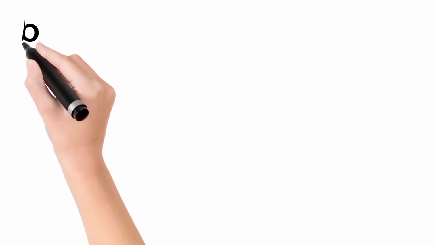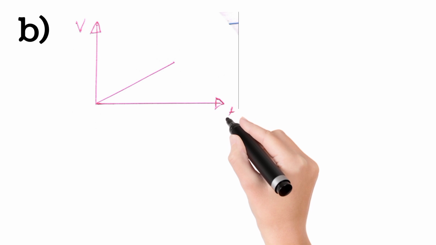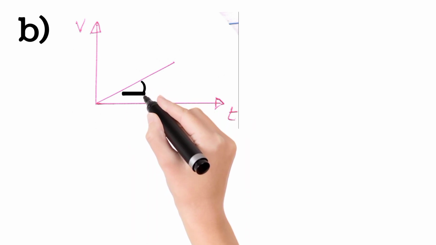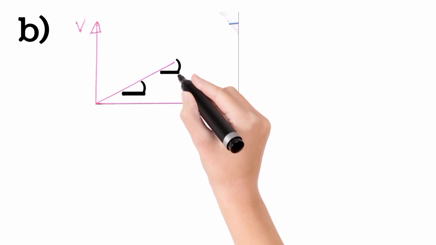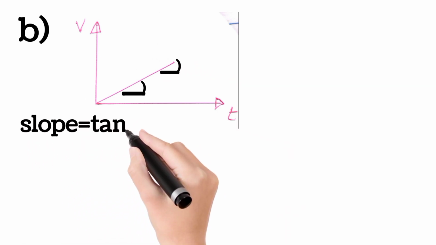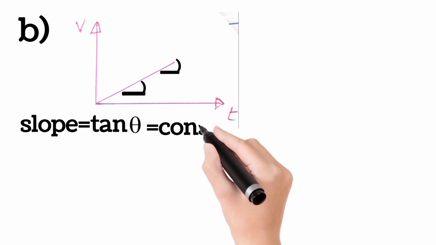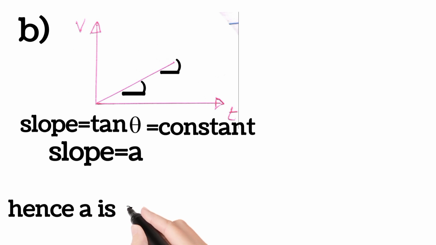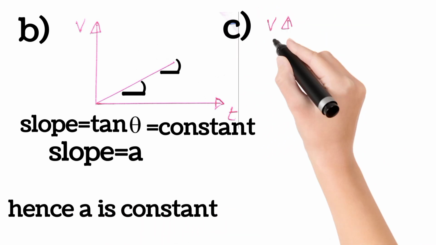Let's see. If we observe the B option, the velocity-time graph, and draw horizontal lines, we can check that the angle remains constant throughout the graph. So slope is equal to tan theta. As theta is constant, the slope is also constant, and slope represents the acceleration, hence the acceleration of the stone is constant.